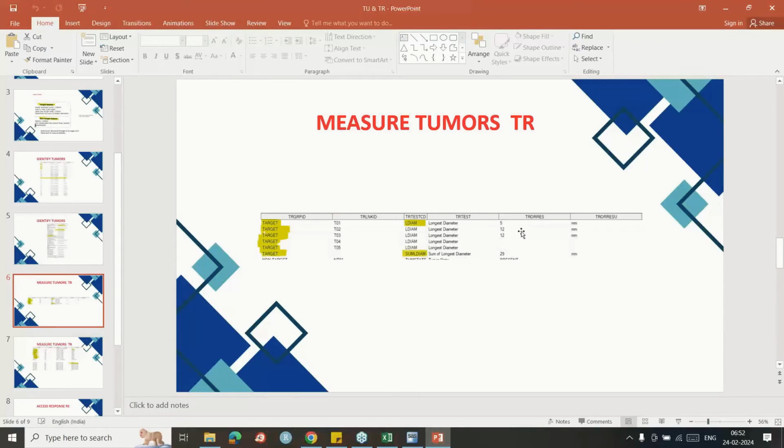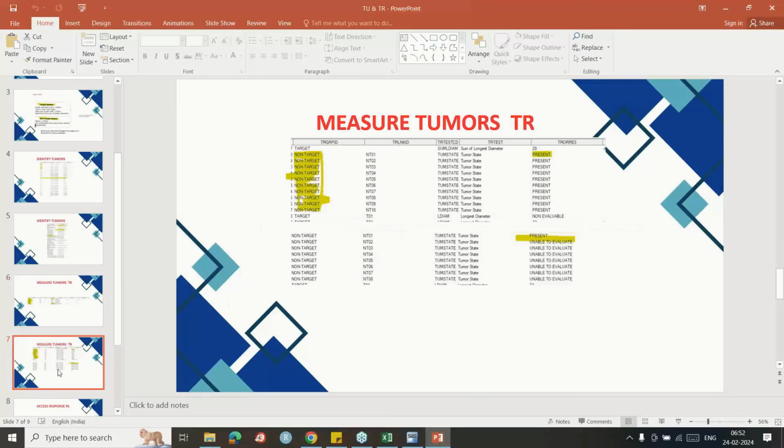So the longest diameter we will measure and place that value in TRORRES, and the units are TRORRESU, nothing but units. In case of non-targeted lesions, we simply mention present or absent. Present or not available or unable to evaluate or absent, like that responses you may expect. So no need to measure, we are not measuring non-targeted lesions.